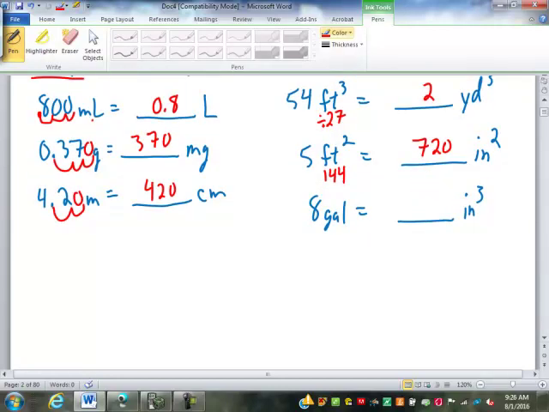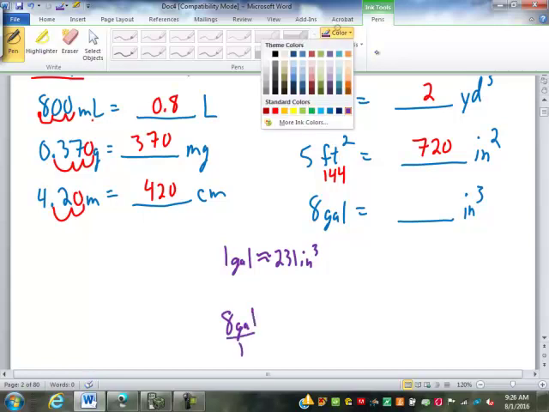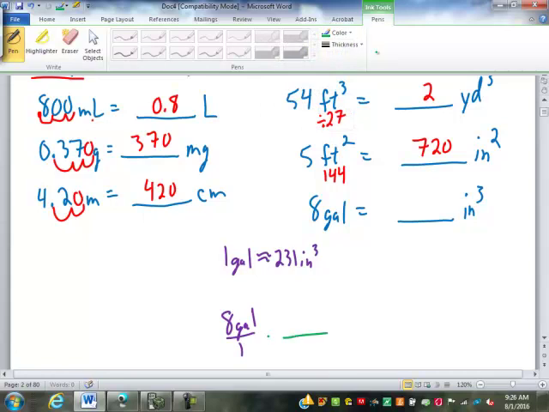This one I don't know if we actually did before, but 1 gallon is approximately 231 cubic inches. So 8 gallons over 1, times 1 gallon, 231 cubic inches. The gallons cross cancel. We've got 8 times 231, which is 1,048 cubic inches.